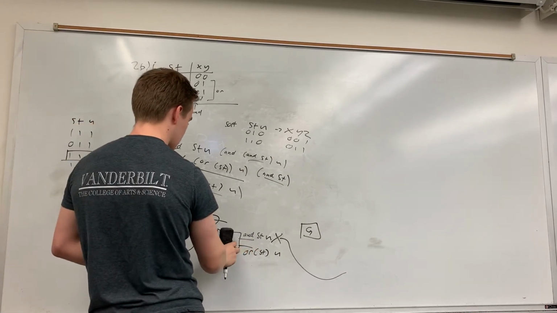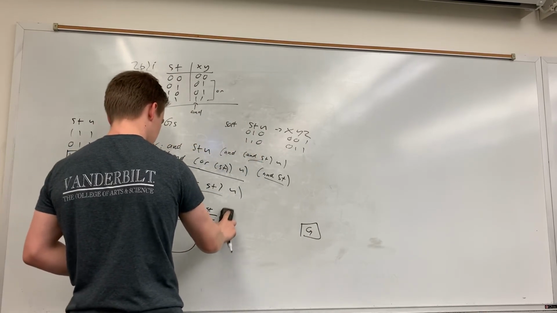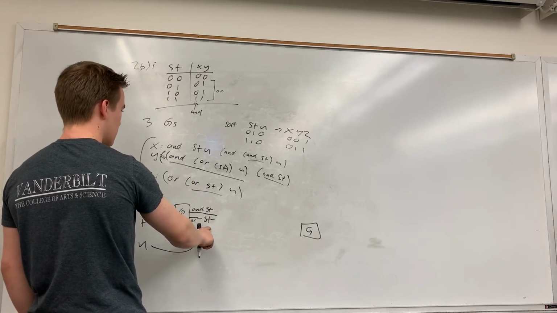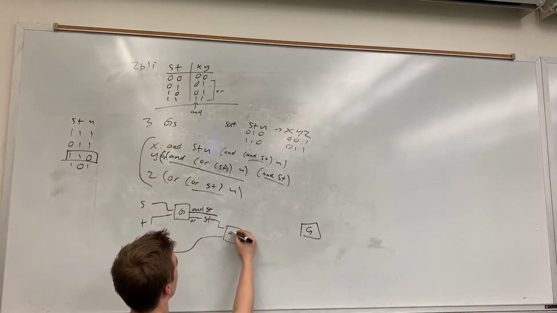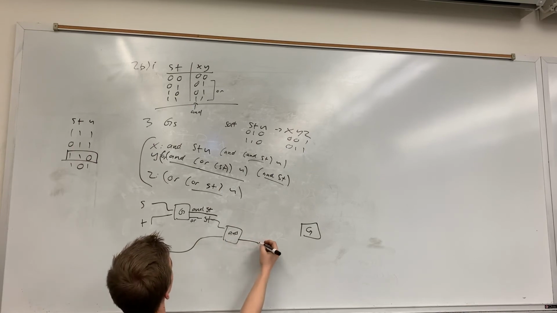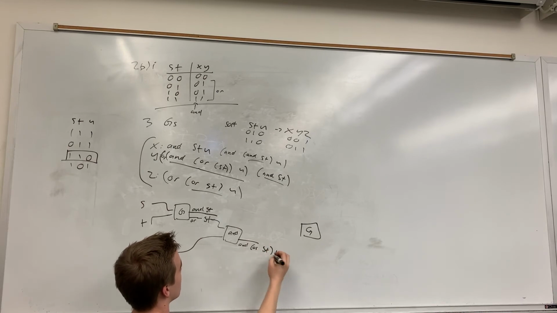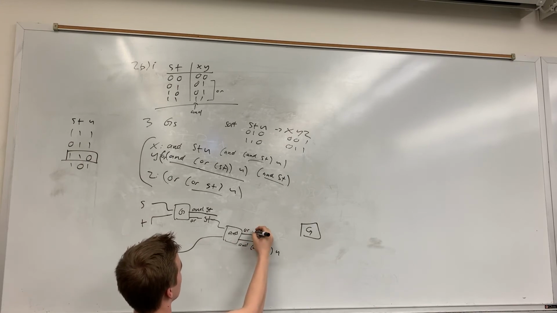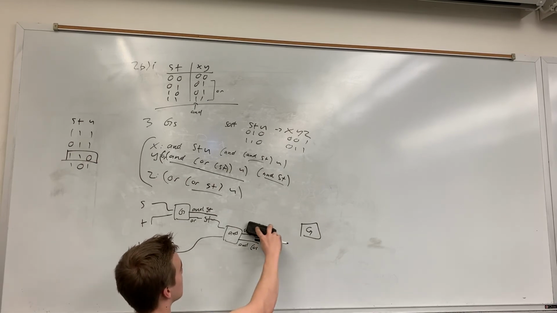Let me revise this gate here, I think. Okay, I think maybe I wanted to take this OR ST, so we can get an AND of OR ST and U. So this is going to be AND OR ST U. Oh, wait a second.